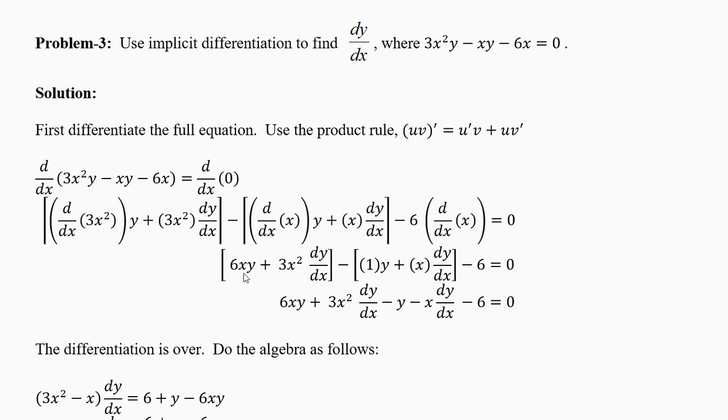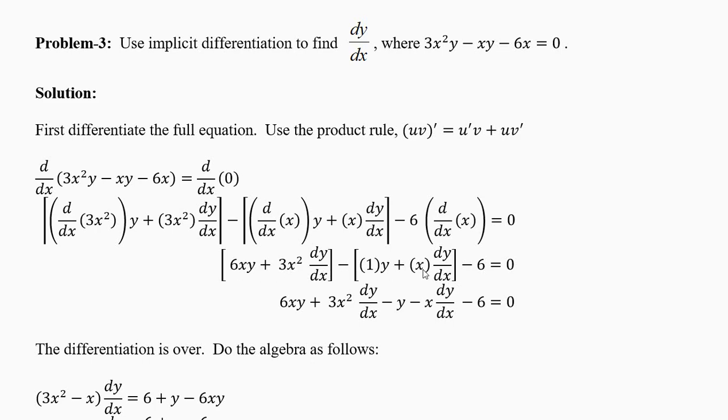So first bracket has 6xy plus 3x squared dy by dx. Second bracket with the minus outside has 1 into y plus x into dy by dx. And the derivative of 6x is 6 and the minus is outside, so it will become minus 6.